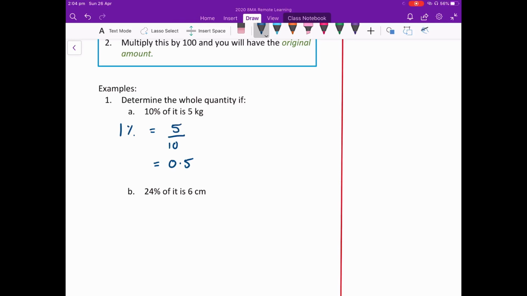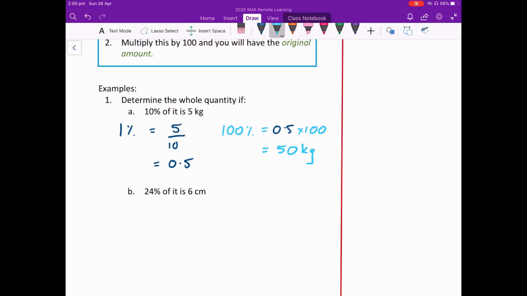So now that is what 1% is. We want 100%. So 100% would be 0.5 multiplied by 100. So you can use your calculator or your decimal work and you would get an answer of 50 kilograms. Awesome. Let's have a look at the second example here.